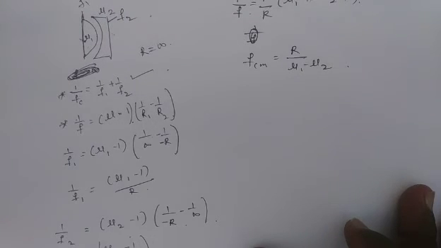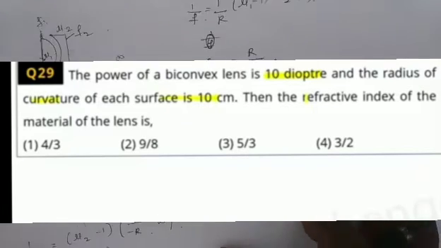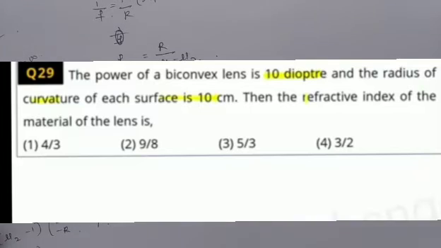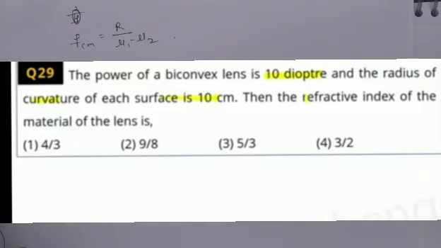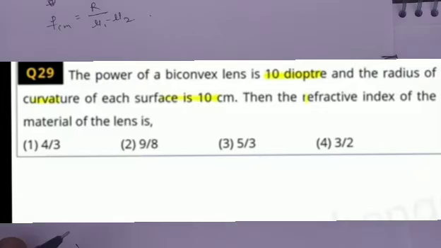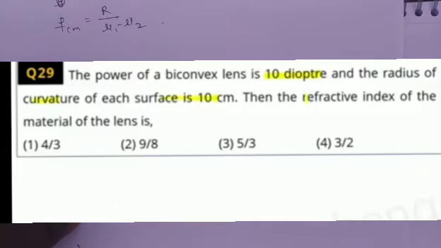Our next problem: the power of a biconvex lens is 10 diopter, and the radius of curvature of each surface is 10 centimeter.